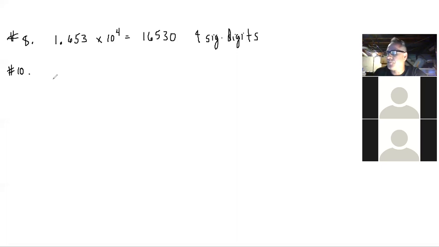All right, so this one is 41 times 32.5. Okay. Now, and then we're going to talk about operations in general, because we're told here how many significant digits that we're going to round this one to.